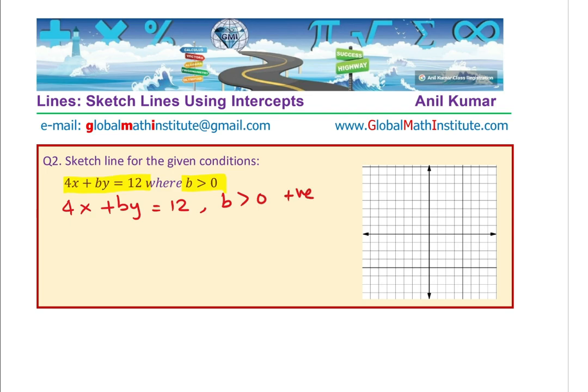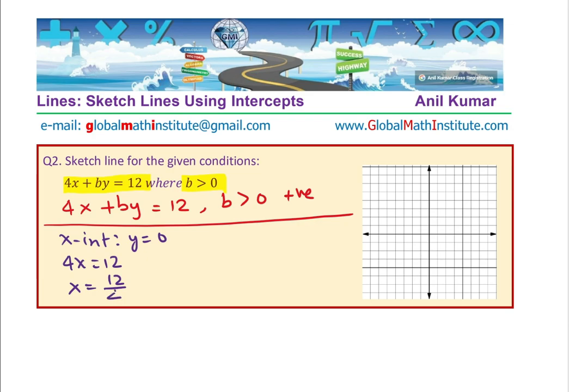Let's again begin by finding the x and y intercepts. The x-intercept is when y equals 0. Substituting y equals 0, I get 4x equals 12, or x is equal to 12 over 4, which is 3. And therefore, the point 3, which I'm pointing at this place, right? So we got the x-intercept.